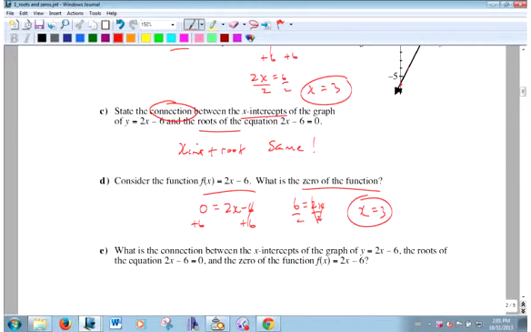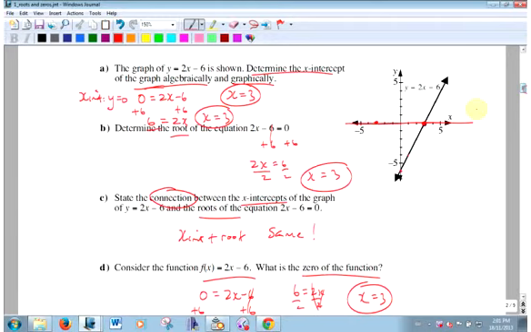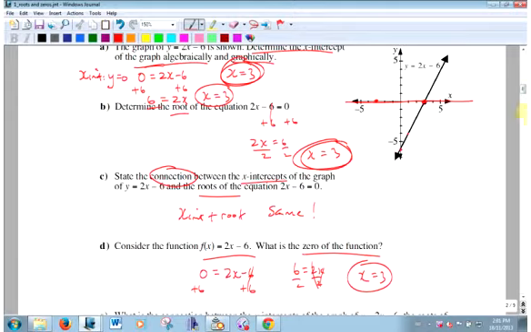That's the 0. Have we seen this before, Shelby? Your jaw dropped. You're like, wow, it's 3. Okay, Shelby, let's go way out on a limb here. What's the connection between the x-intercept? Where's that? Here. And the root. Where's that? And that's here.